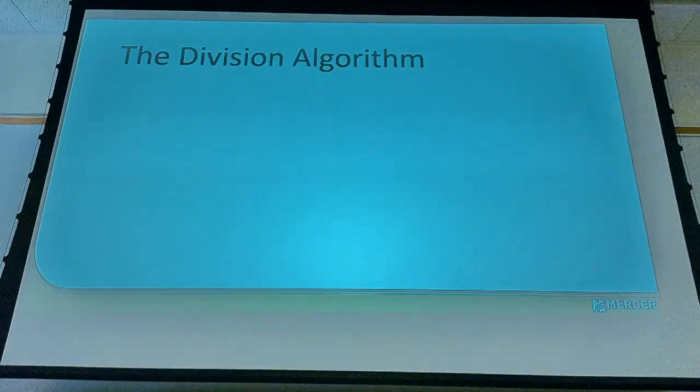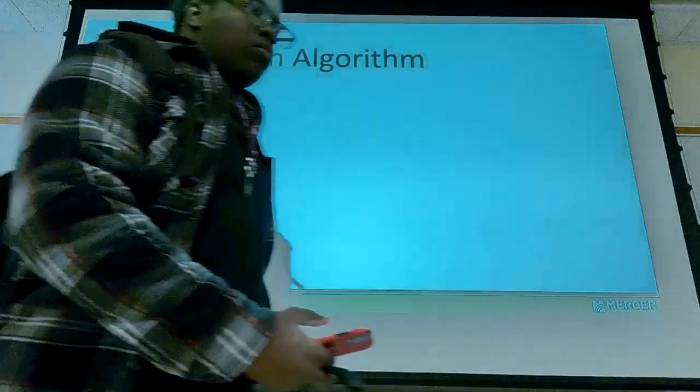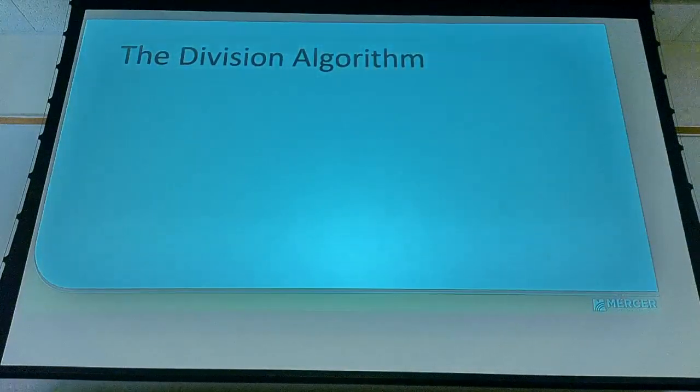Start with a recap of the division algorithm. So this is for any integers. I guarantee you're familiar with it, even though you may not be familiar with the name and the terminology.